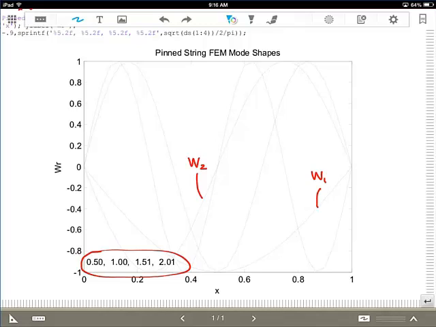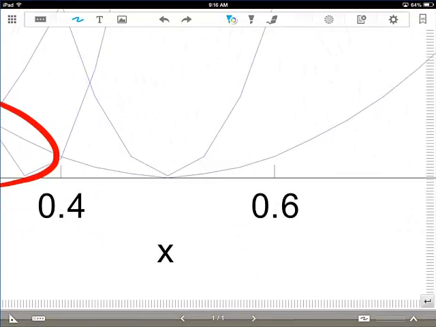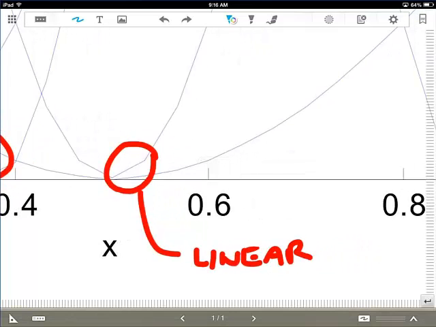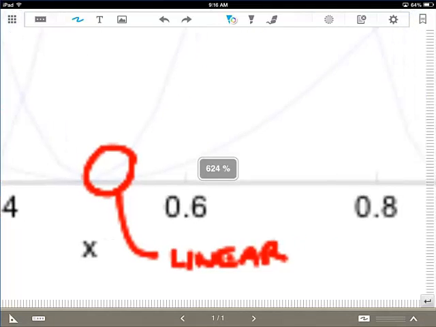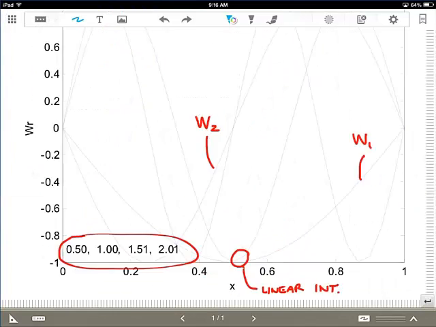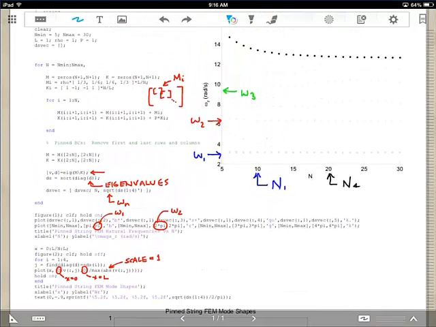But if you zoom in down here, you can see this is linear interpolation. That's just the default when MATLAB plots things up, it draws a straight line between the points. So you don't have to do anything special to get linear interpolation. But that's actually correct in the sense that these elements are linear elements. All right, so that's the pinned string.